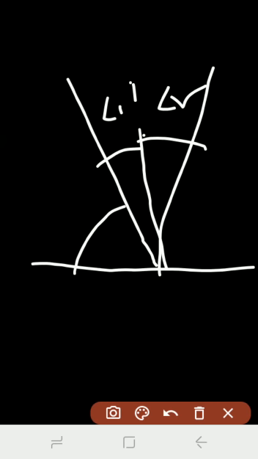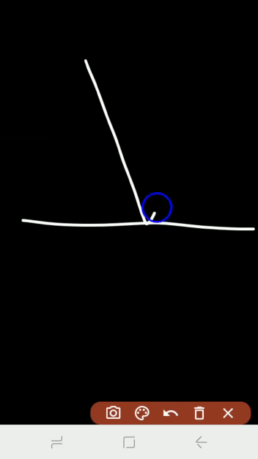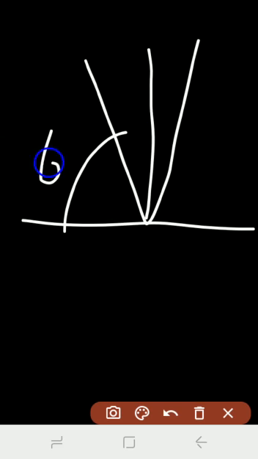Given that this angle is 60 degrees, and the angle of reflection is 30 degrees, we have to find the angle of incidence. So we have that this is 60 degrees, this is 30 degrees.